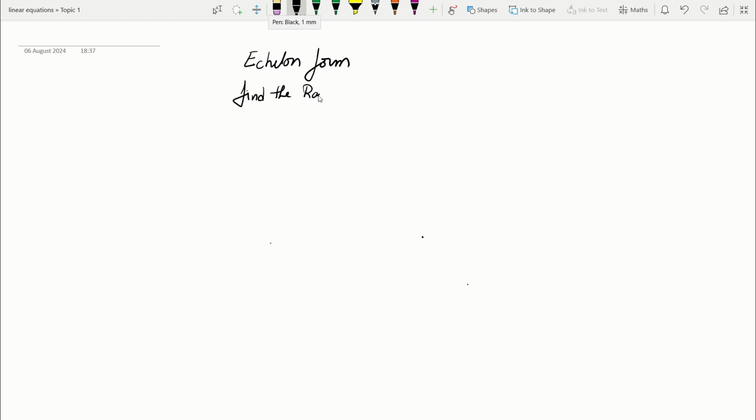Very, very important: echelon form. The question is, find the rank of the following matrix by reducing it to echelon form. I am not writing the whole question.